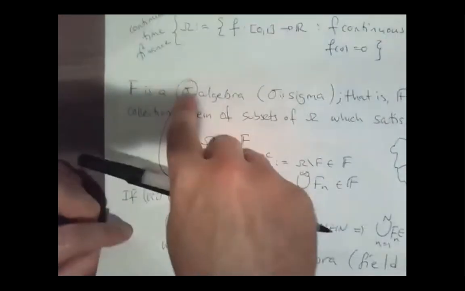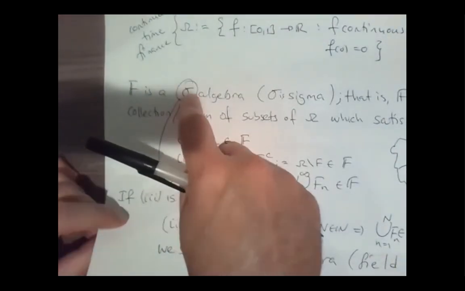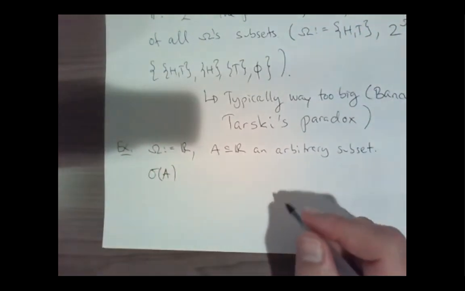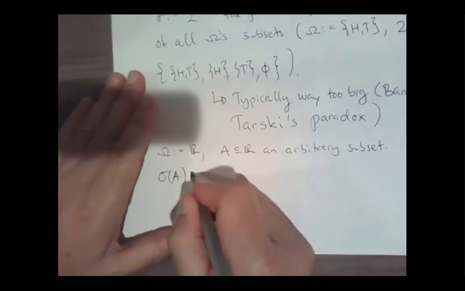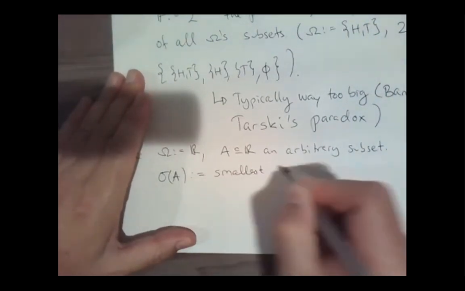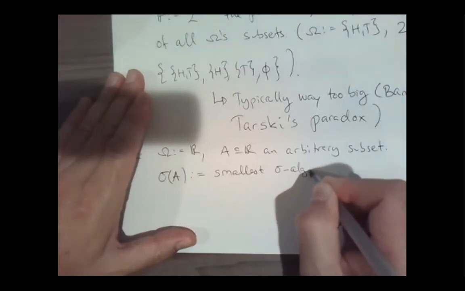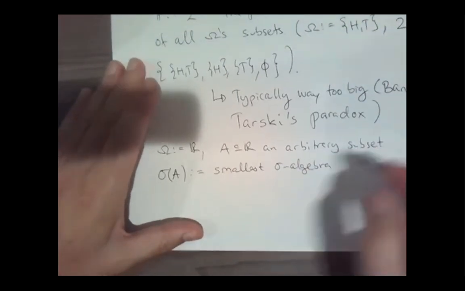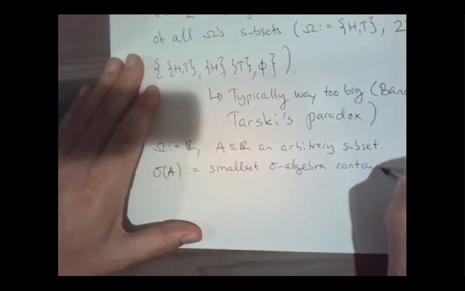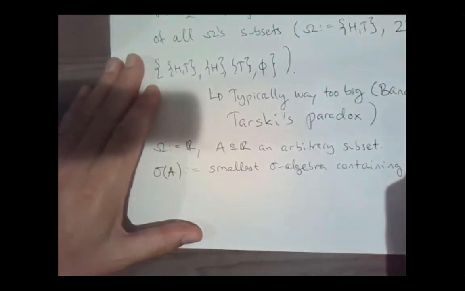The sigma I'm writing here is exactly the same as the sigma I'm writing here. If I write sigma of A, this is defined as the smallest sigma algebra containing the set A.